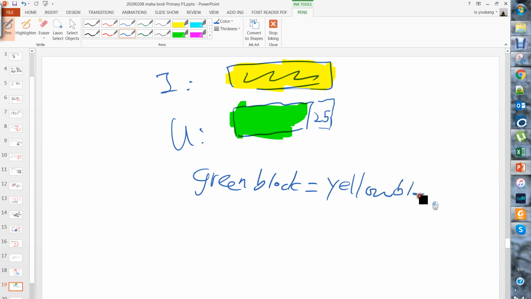Plus 25 or minus 25 to get the green? Minus. Because this is the big one, you minus the 25, then you get the small green one. So the green block is equal to the yellow block minus 25. Am I right? This is the example you give yourself next time.